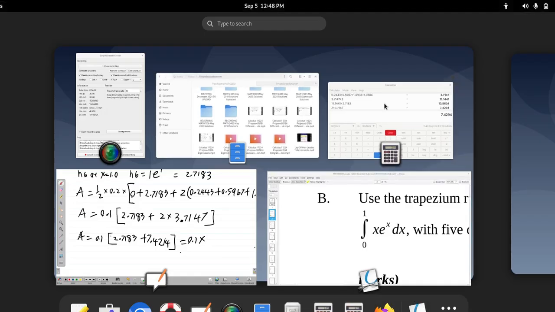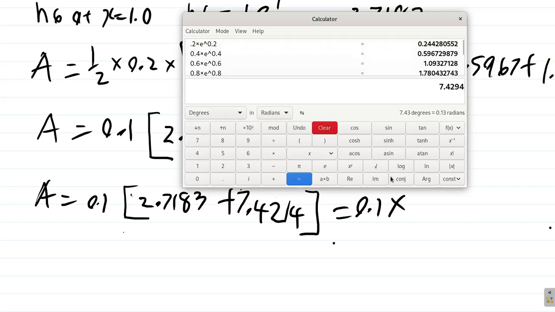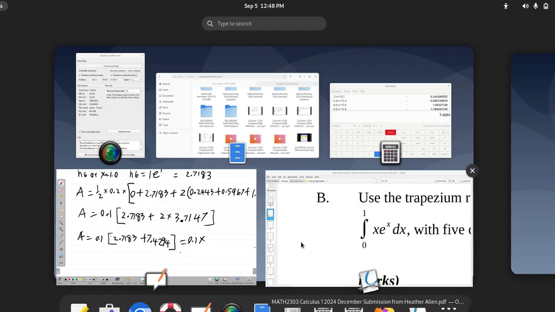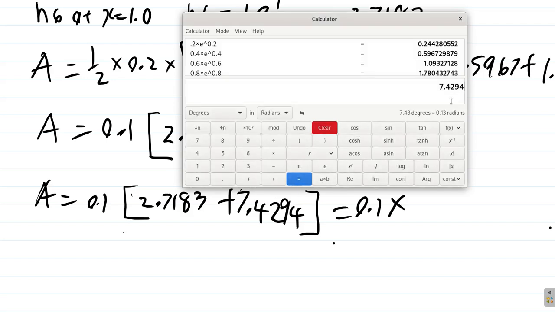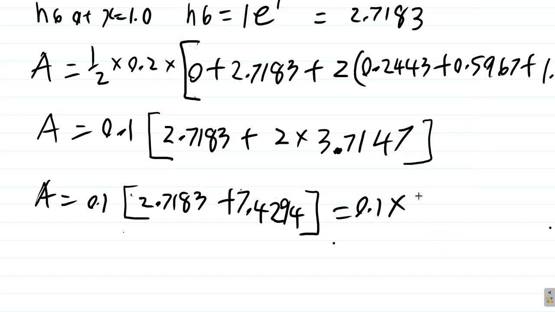And then I say that plus 2.7183 equal. All right, I have 10.1477, 10.1477.